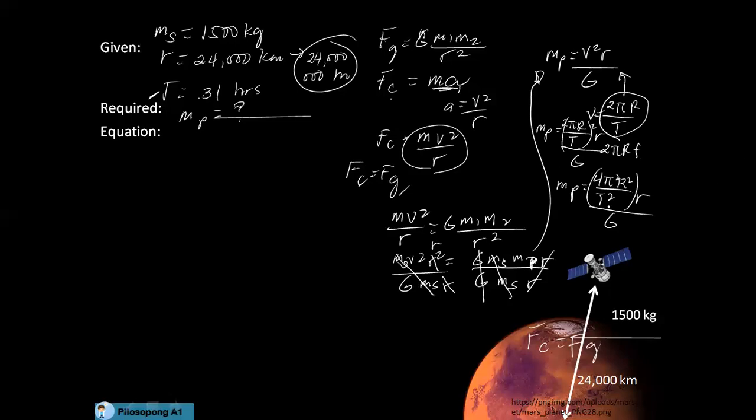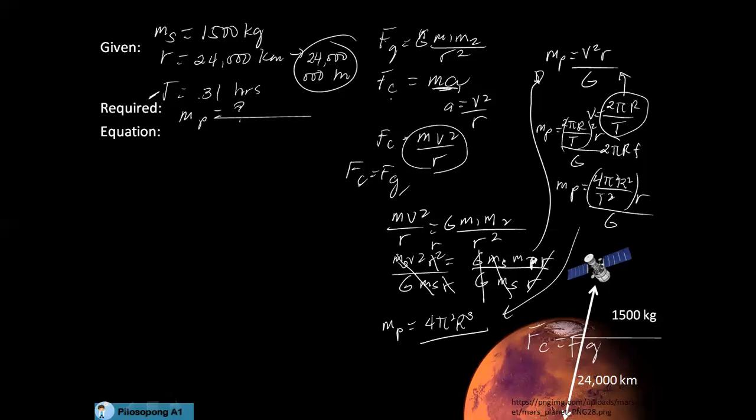And then if we organize this equation on the right side, we'll come up with this equation. M sub p is equal to 4 pi squared r. Since r squared and r are both in the numerator, this will be r cubed.